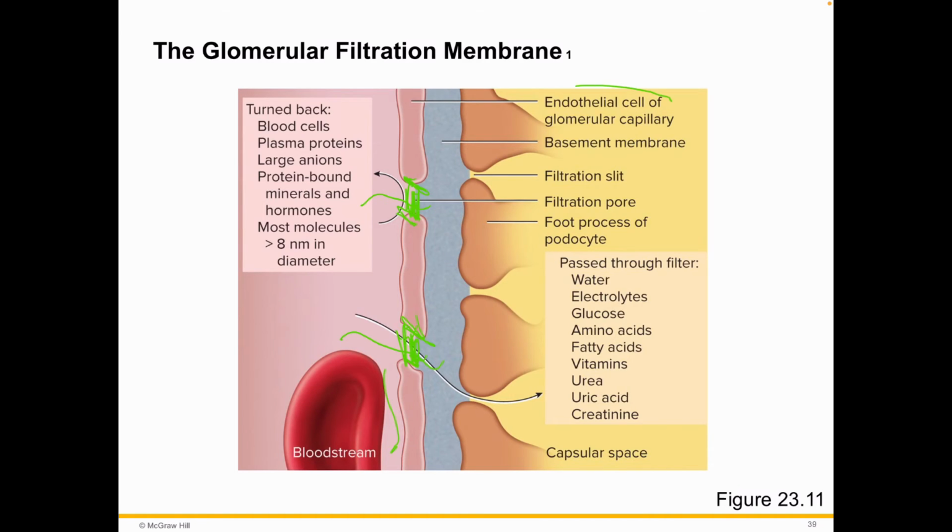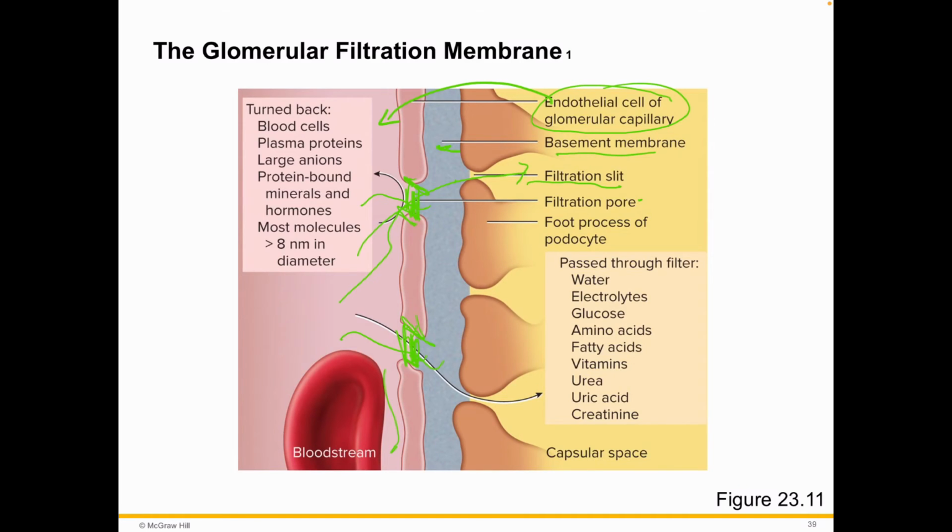So this is the endothelial cells of the glomerular capillary, as it's going in. The basement membrane is, of course, the attachment point as always. The filtration slit is where that plasma is going to travel out into the glomerulus. The filtration pore is going to be the exit point, right? The little fenestrations of the capillary.